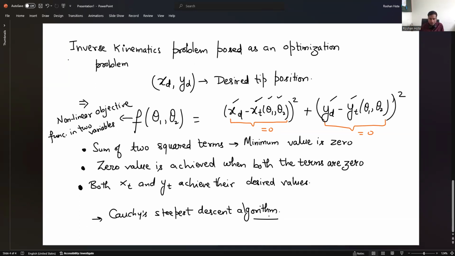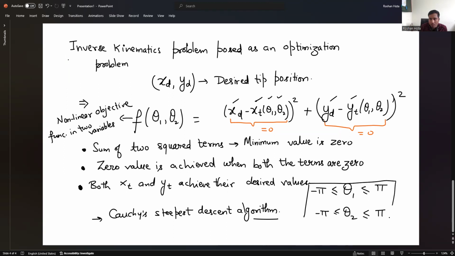So that is all I wanted to discuss about formulating the objective function for performing inverse kinematics of a 2-link robot. And this is general in principle, so you can do it for any robot. Another thing that we can mention is the range for the two angles, which will be, let us say, from minus pi to pi.